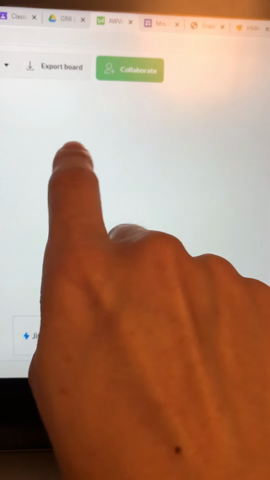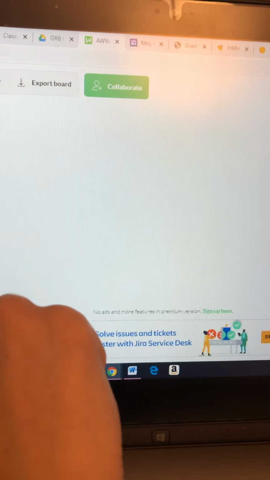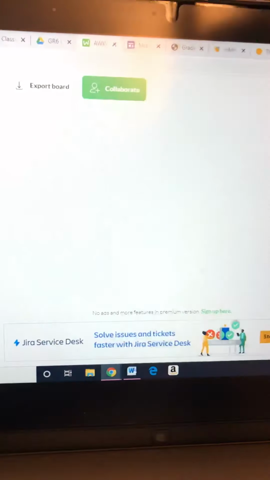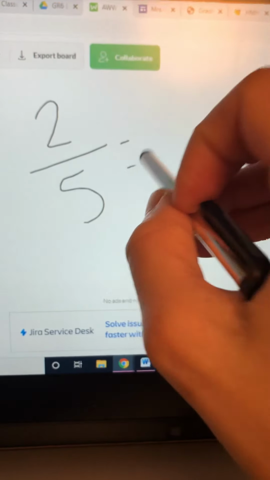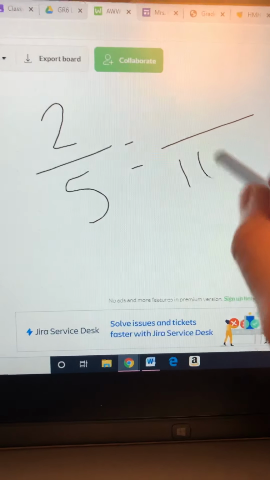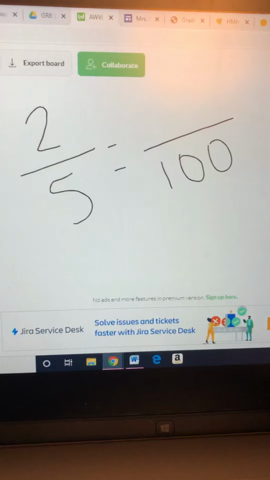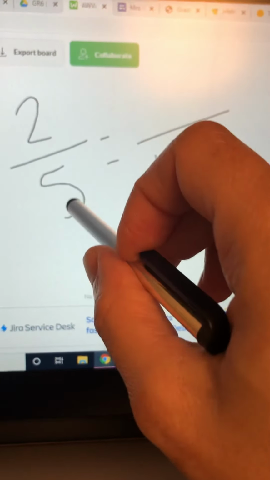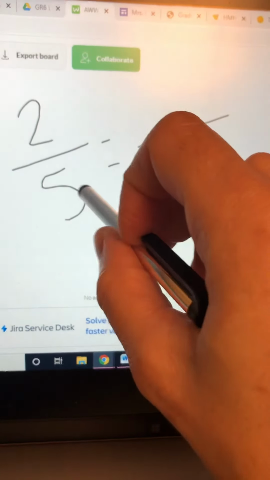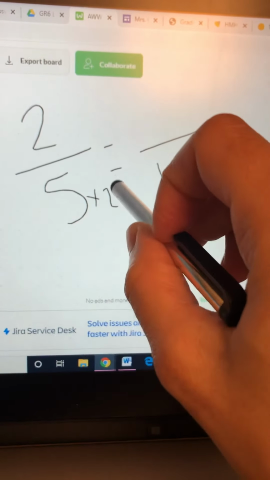Okay, so two-fifths, we're going to make it equal to 100, right? Because remember, percents are out of 100. So what number do we have to multiply 5 with to make it 100? Well, 20.